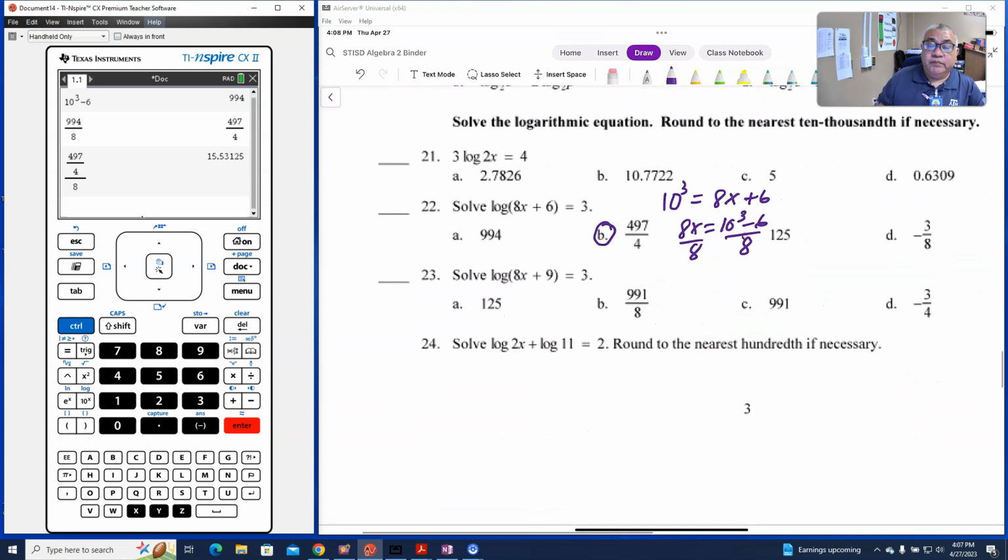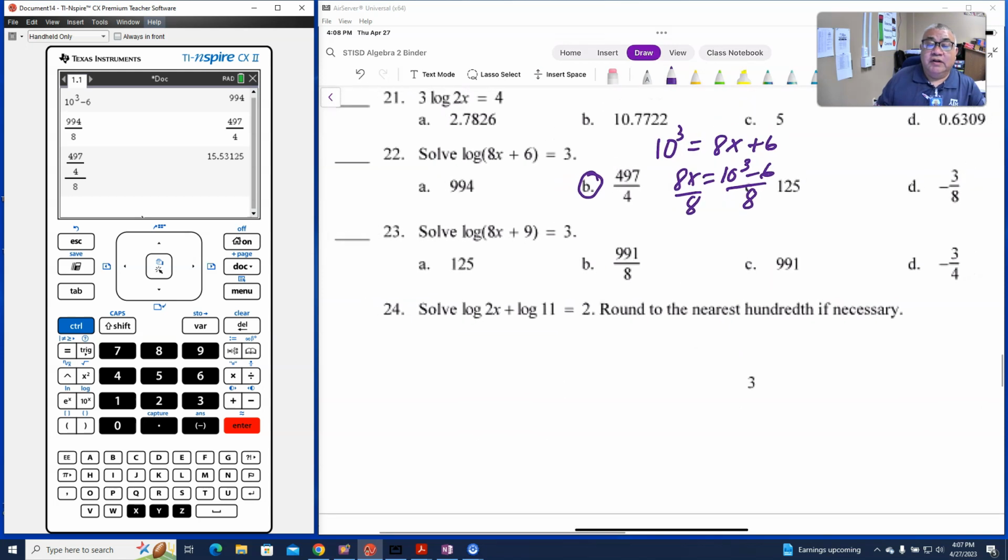24, we're going to have to make that into a single logarithm. So you got to look at the left side. So we have log base 10, and so it's going to be 2x times 11 equals 2. So we have log base 10 of 22x equals 2. So we have to convert it to exponential form.